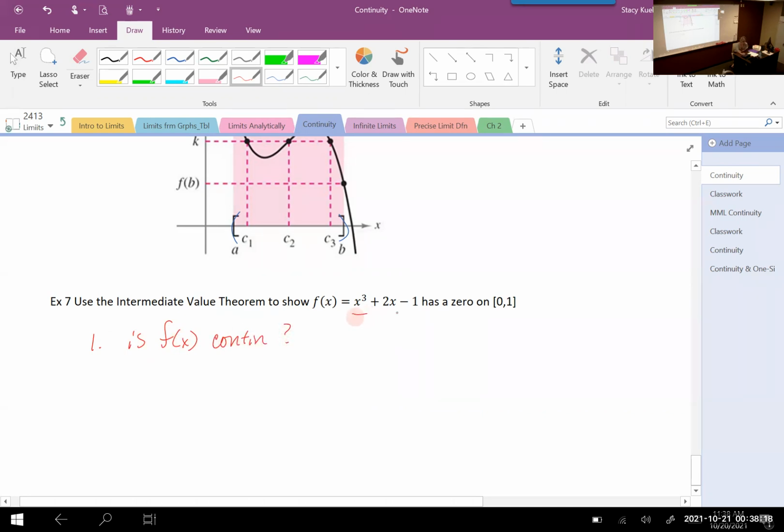This is the function we're looking at here. We've talked about ways that we can look at it yesterday. One of the easiest ways is to ask what type of function this is. If I had to name or classify this function: polynomial. And polynomials are all continuous, aren't they? That was a good one. So yes, it is continuous because it's a polynomial.